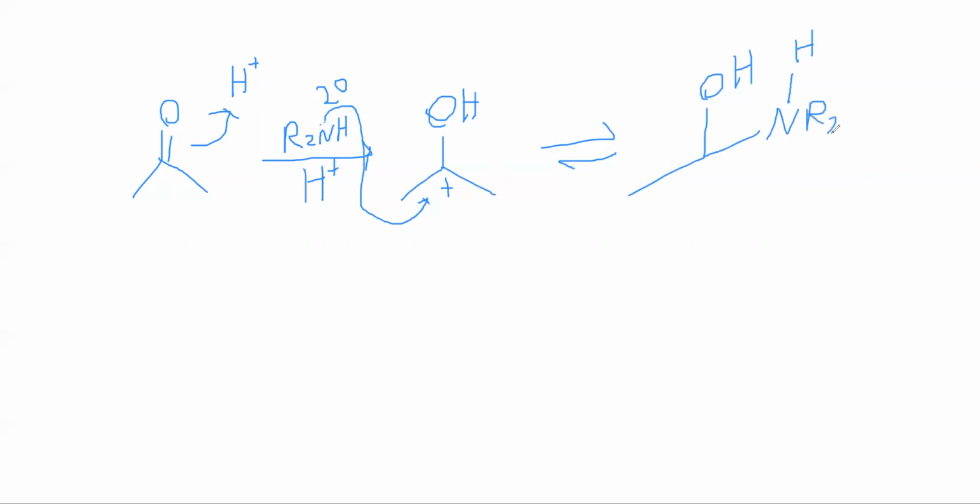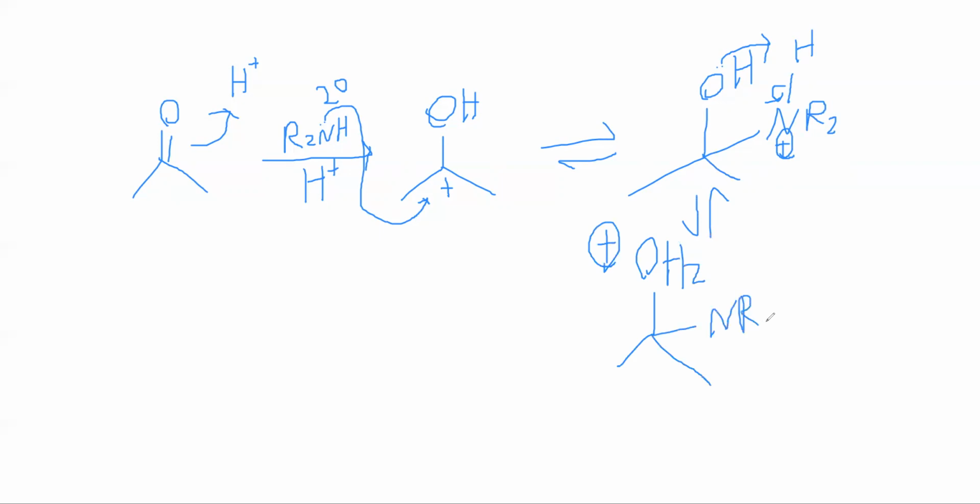Again, once the nitrogen gets added, it has a positive charge. We can do a proton transfer to the alcohol. It's going to form water. And then again, the nitrogen can form a double bond and do an elimination step to kick out the water.